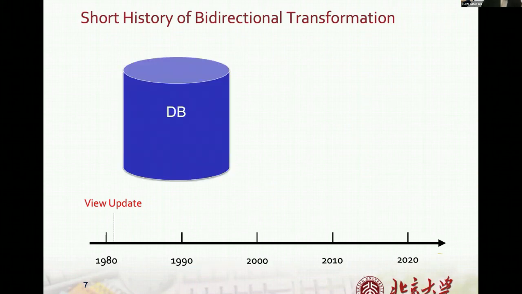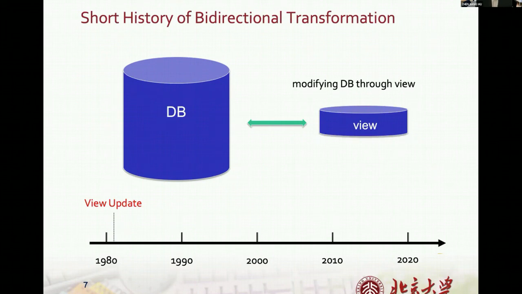What the view update problem is that we have a big database here. When we want to modify this database, it's quite difficult to go through all the data there because it's really huge, it's very big. So how to deal with that? The database people say, oh, you could do this. First, extract the information you want to modify.